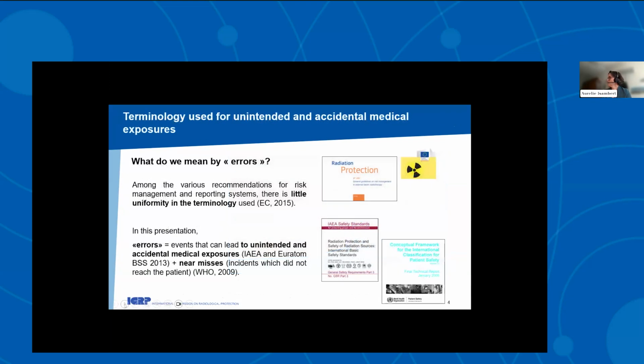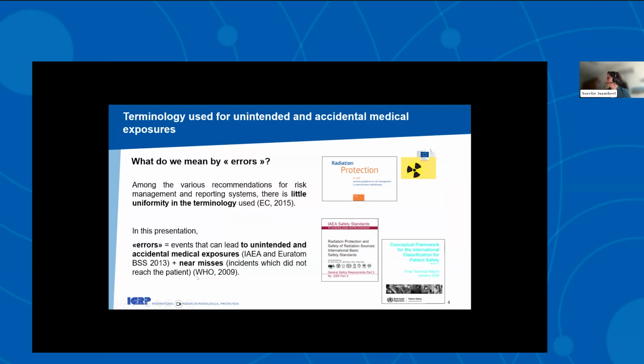But first of all, what do we mean by errors in this report? Indeed, among the various recommendations we have for risk management and reporting systems worldwide, there is little uniformity in the terminology which is used, as stressed in a report from the European Commission.